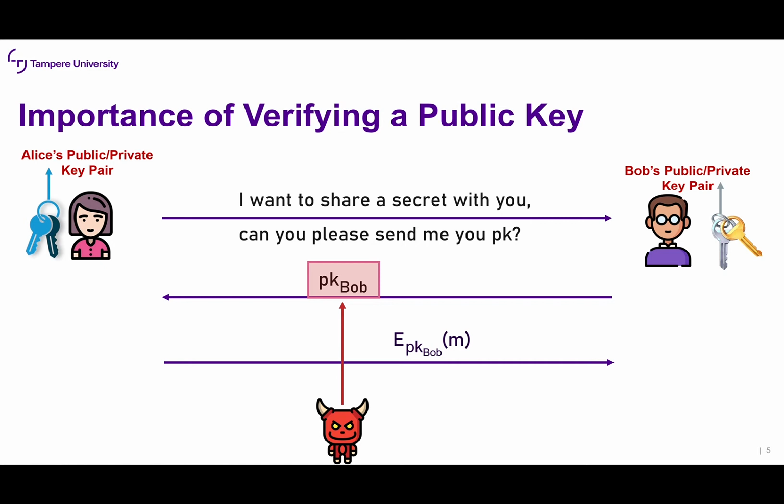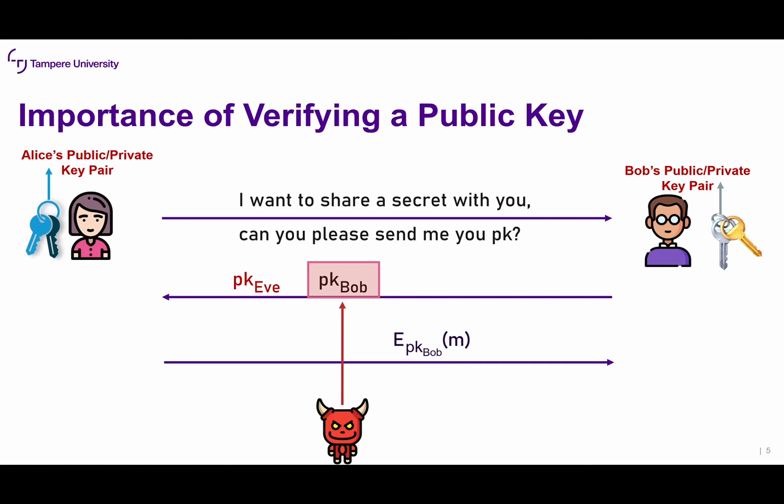However, she knows that the second message exchanged in this protocol is where Bob is sending his public key to Alice. So what Eve can do is drop that message, or anyway replace it with her public key, right? She takes PK of Bob, throws it away, and in its position, she puts PK of Eve, Eve's public key.